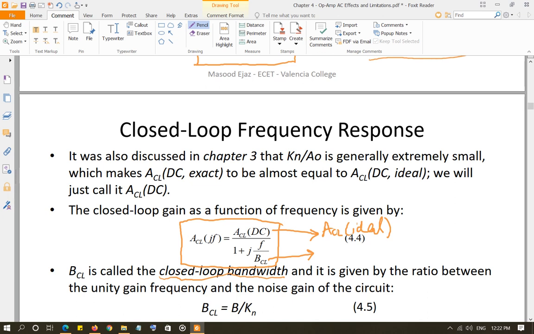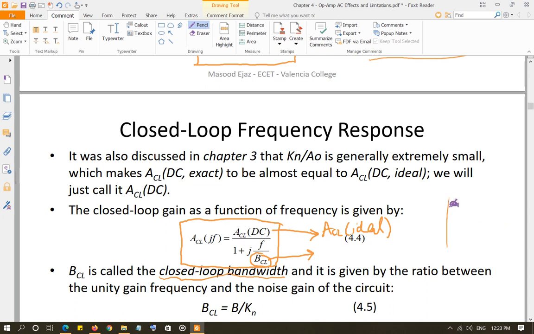Again, remember, anything over here in the denominator, 1 plus j f over something, that's the cutoff frequency or bandwidth of the circuit filter. Because again, if I replace f by BCL and calculate the magnitude of this, that's going to give me 1 over the square root of 2 of ACL DC.